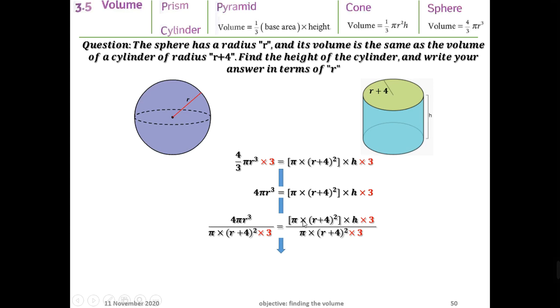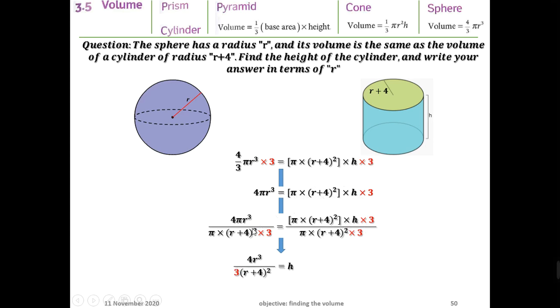Because as you can see, the operation in here is all multiplication. So to get rid of it, the opposite operation to multiplication is actually dividing, and we're keeping h, so we're gonna divide by every single term in this side of the equation.